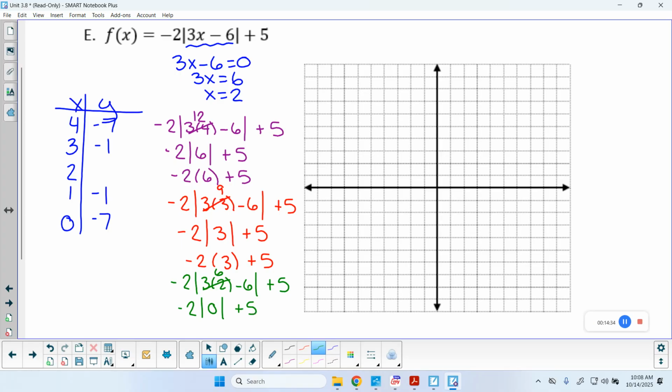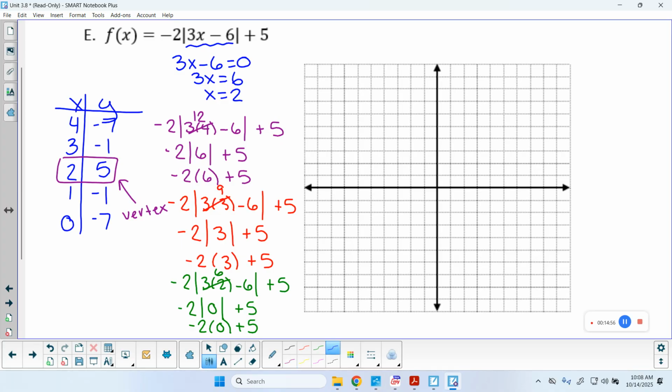Absolute value of 0 is 0. So this is -2 times 0 plus 5. -2 times 0 is 0. 0 plus 5 gives us a y value of 5. So that means that (2, 5), that right there is going to be our vertex.